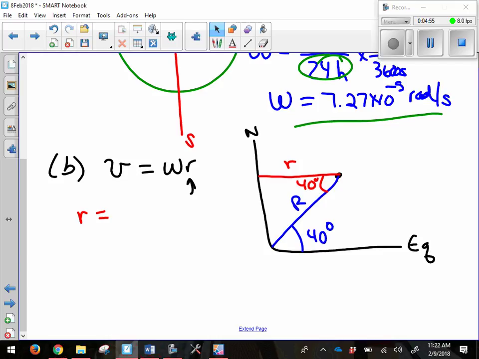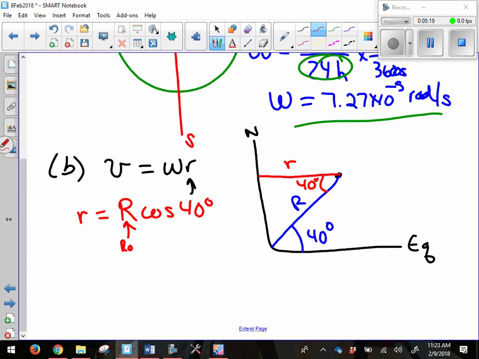Okay, so we have this. It's going to be capital R times cosine 40. Zoe, do you agree? Okay. And then capital R is going to be the radius of the Earth.